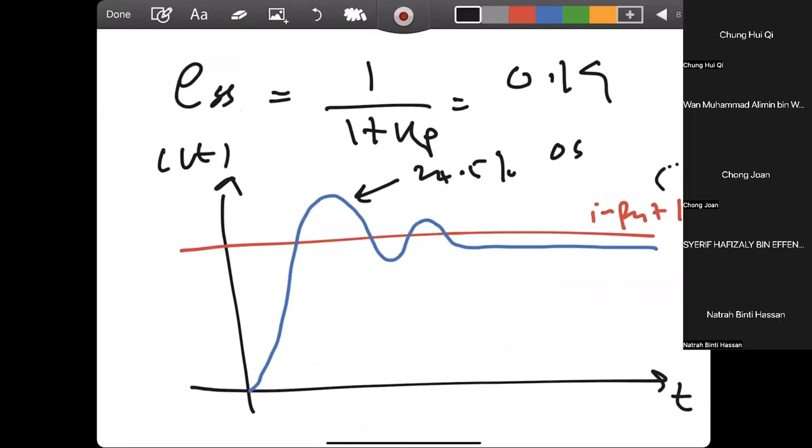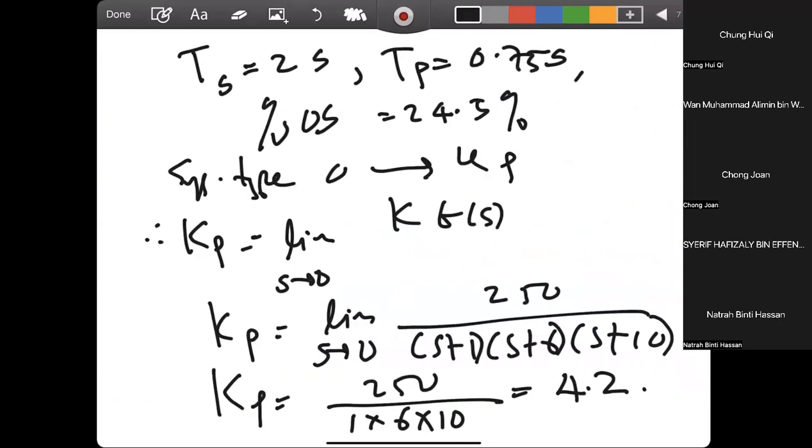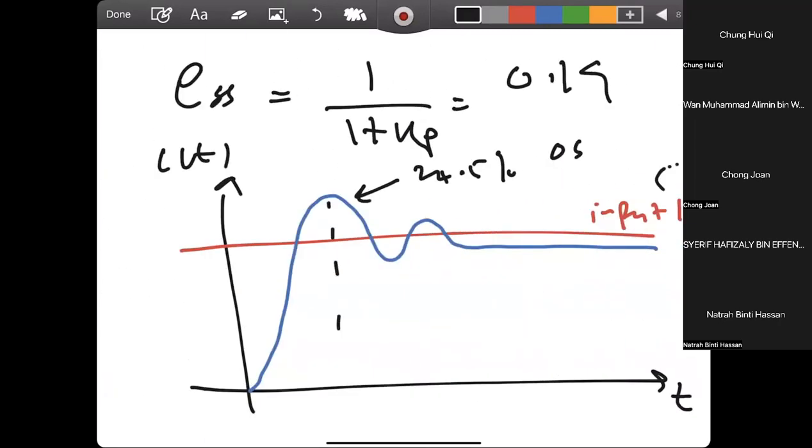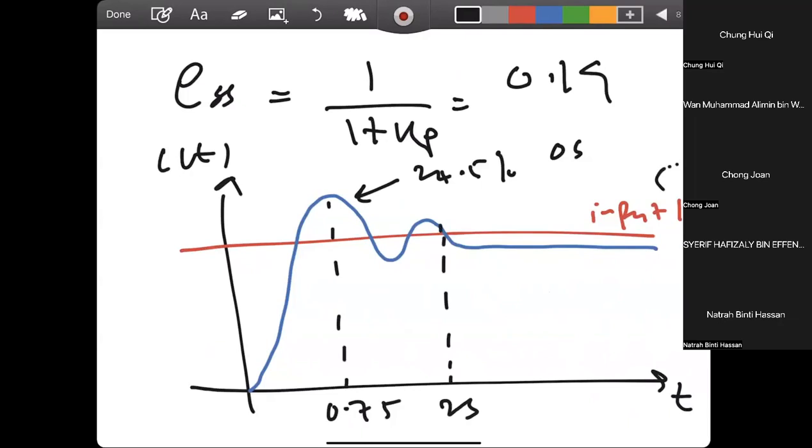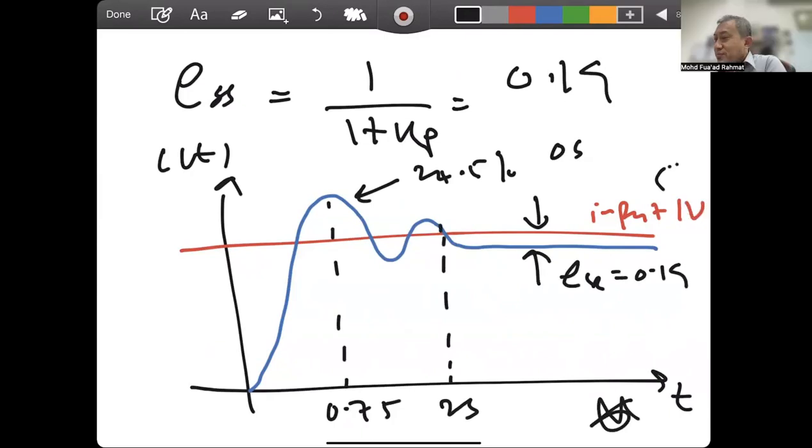Peak time 0.75. Settling time somewhere here, 2 seconds. And the error is here, 0.19. Okay, understand? Yes, doctor. Alhamdulillah. Shukran.